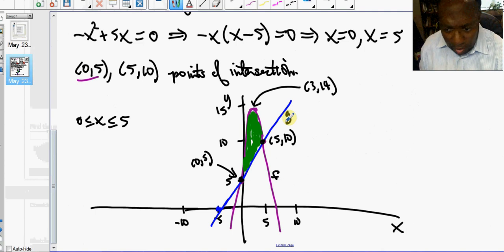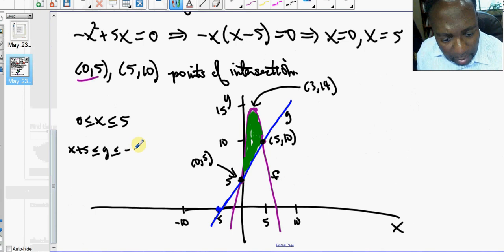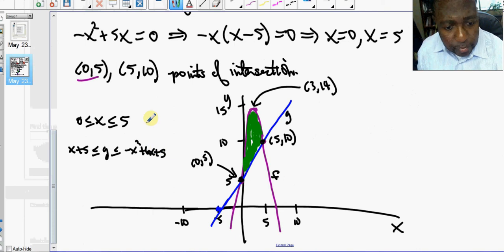And so there we can get our so-called bound for y, that y is bounded below by this x plus 5, and then bounded above, and this y represents the graph, the shaded region, bounded above by that negative x squared plus 6x plus 5.